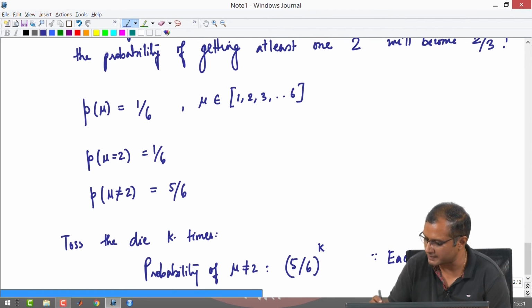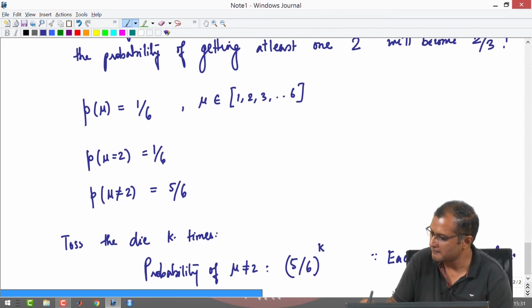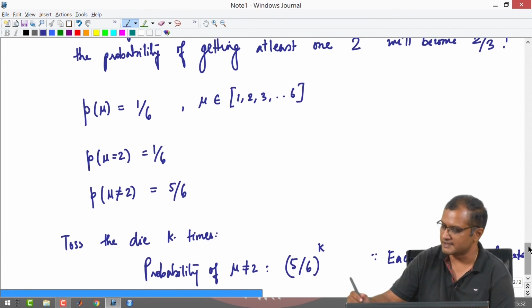The probabilities are multiplicative. So the probabilities just keep on multiplying.